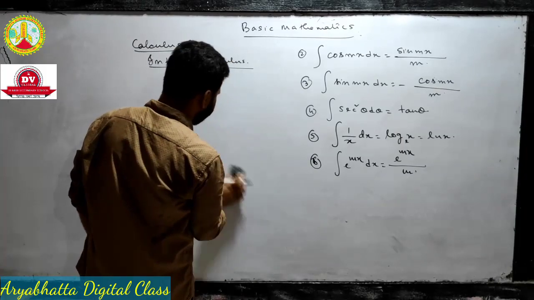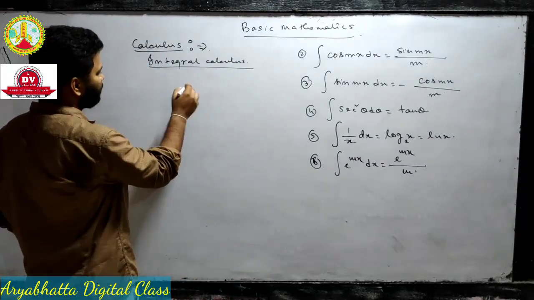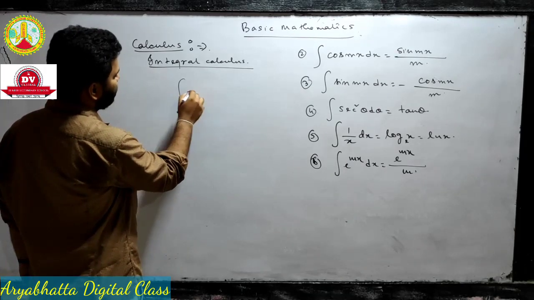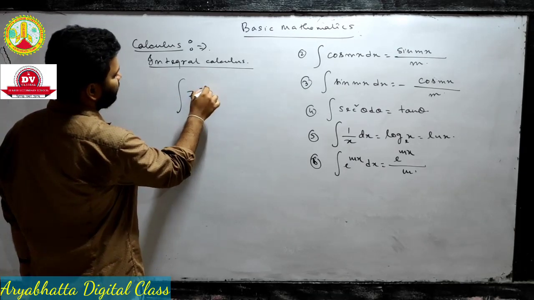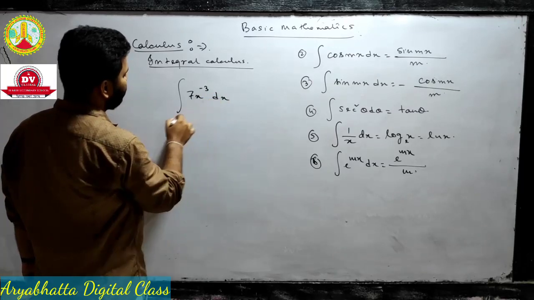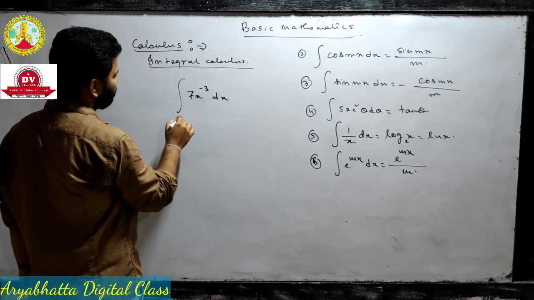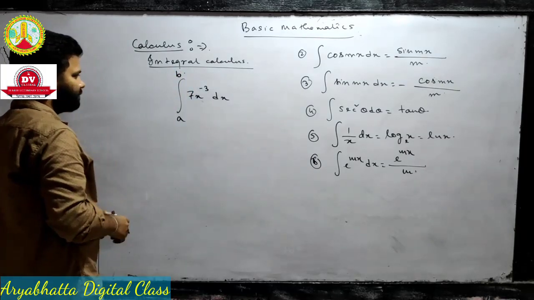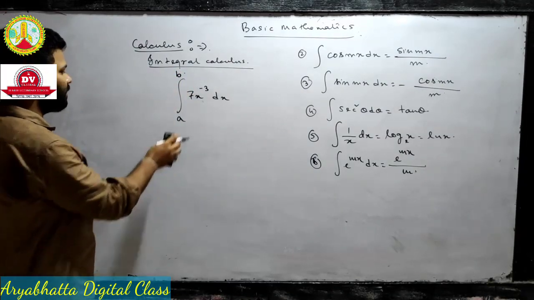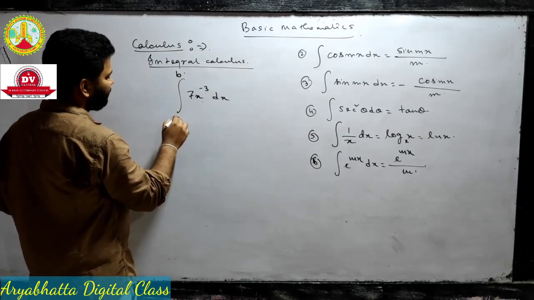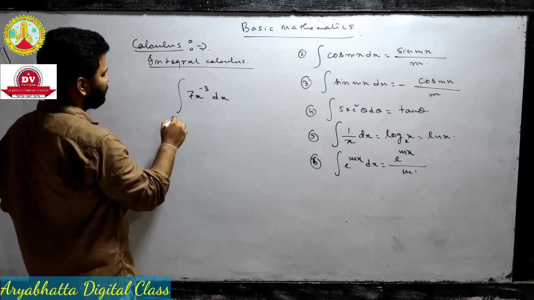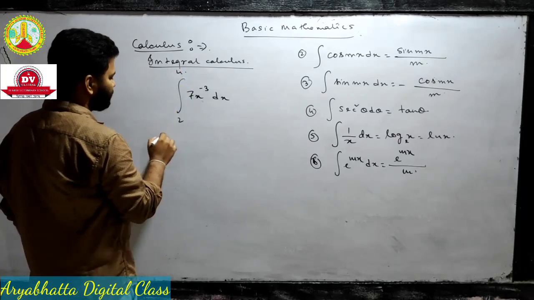Let us take an example of a definite integral. Suppose it is given as integration of 7 x to the power minus 3 dx, lower limit is suppose a, upper limit is suppose b, okay. And say lower limit is 2, upper limit is 4. So how will we do it?